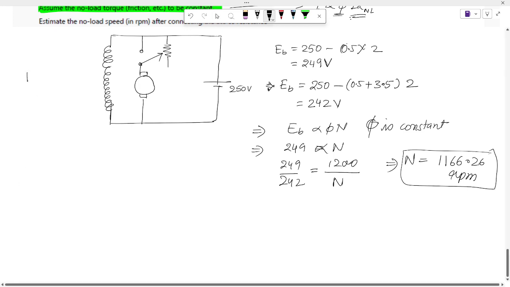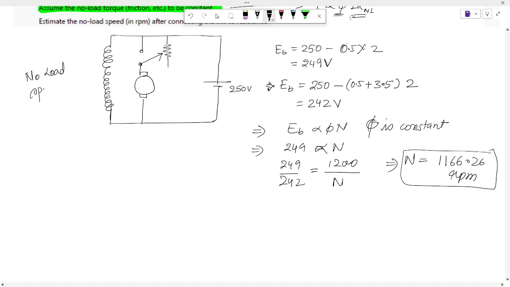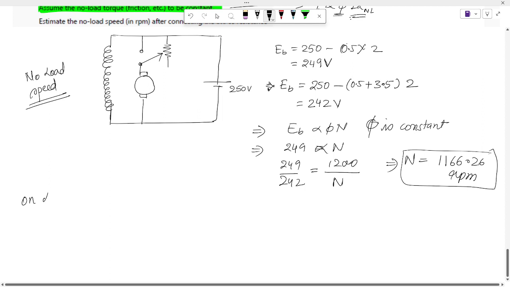Now this was the no load speed. Now on load, they are asking the on load speed. This was no load.